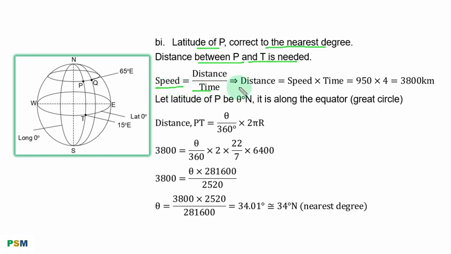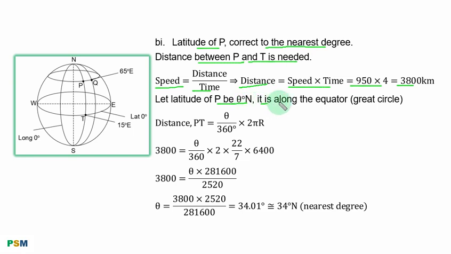You make distance the subject, it becomes speed times time. That is 950 times 4 equal to 3,800 kilometers.